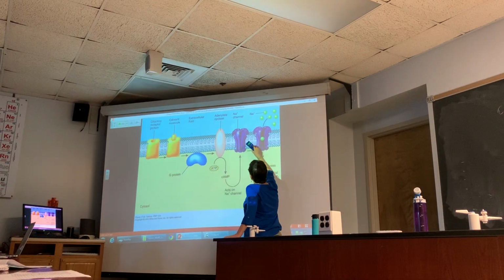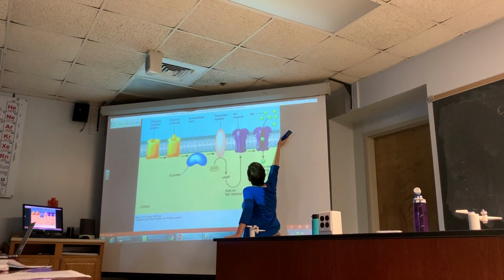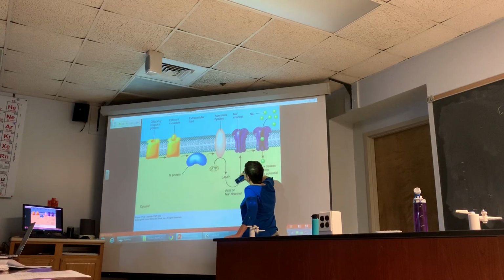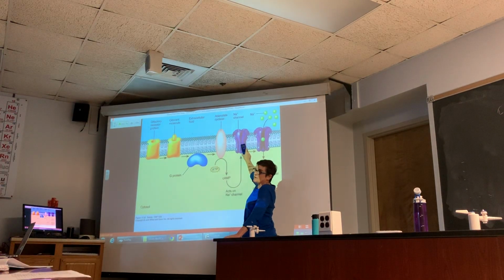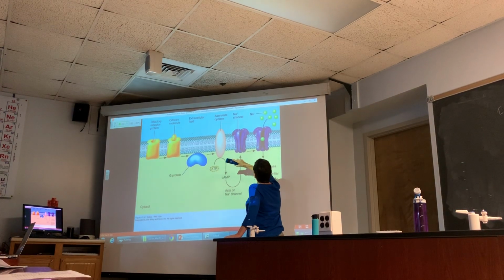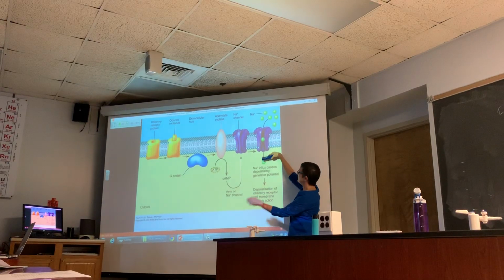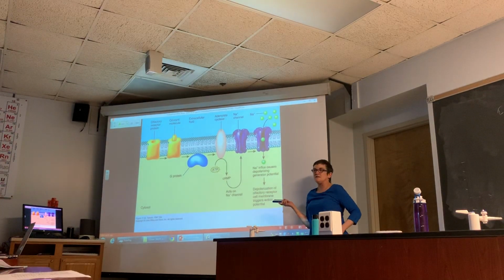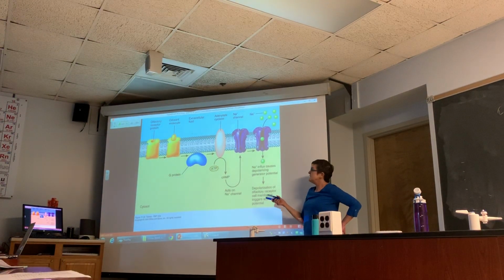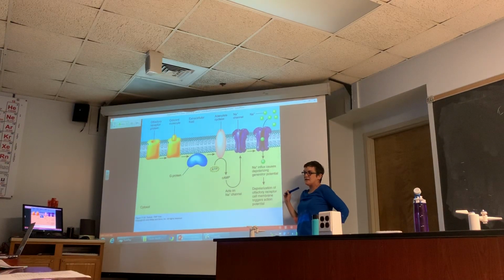And when it's opened, and by the way, this of course is going to release energy, so that's part of the process, you're energizing that protein, which allows it to open. The sodium channel opens, in comes sodium, and remember sodium's positive, so guess what? It depolarizes the cell, generating a generator potential.